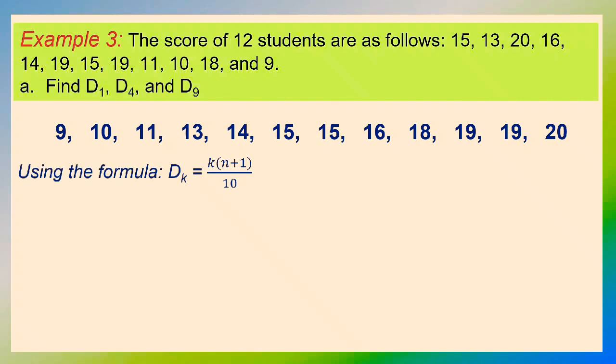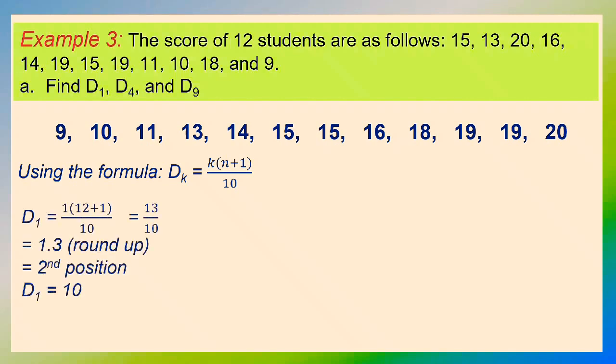So for the first decile, k will be replaced by 1. The total number of data is 12 plus 1 all over 10. That is equal to 13 over 10. Getting the quotient of 13 over 10, that is equal to 1.3. Okay, class, so it has a decimal value. So locate the position of the first decile. Is it below the median, which is 50%, or above the median?